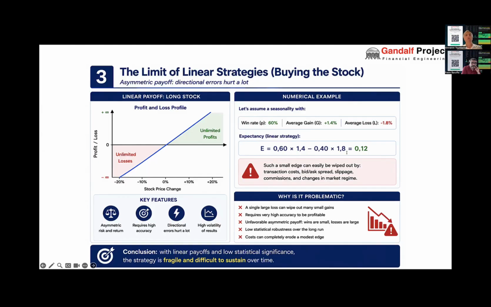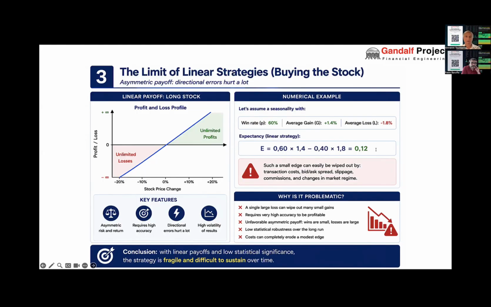So this means directional mistakes are expensive for us in this case. Okay, there is even an example on the right you can read. I will not deepen that much because I guess it's quite clear what it means to buy a stock. Okay, if the stock moves against us, losses grow immediately and can easily offset many successful trades.